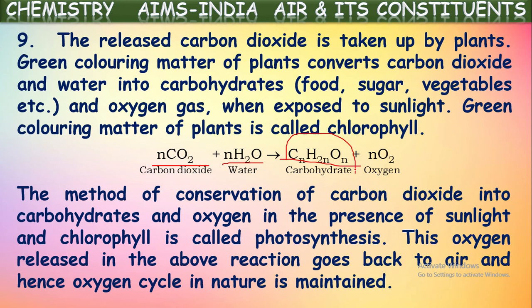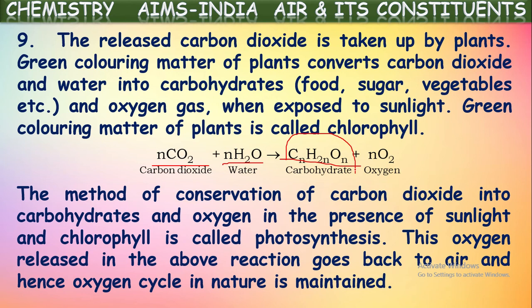The oxygen gas released by plants is taken by human beings and animals, and the carbon dioxide gas released by human beings and animals is taken by plants. In this way, the oxygen cycle occurs in nature so that the percentage of oxygen is maintained at 21% continuously.